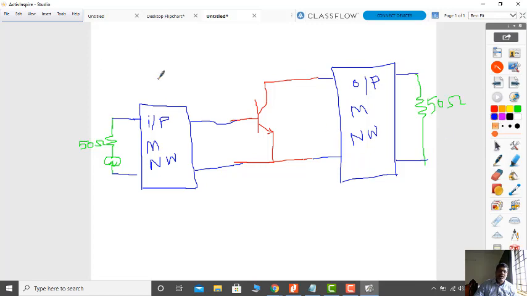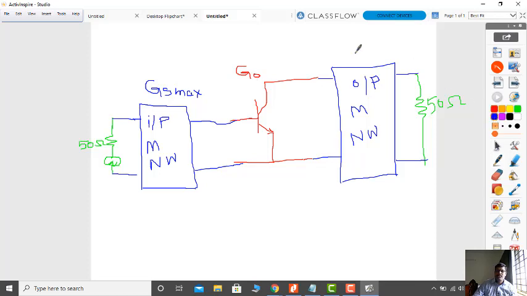And the gain has three different stage gains. When the input matching network matches the source with the input terminal of the transistor, it gives the maximum gain GS maximum. Then the transistor has an inbuilt gain of modulus S21 squared, that gain is G0.